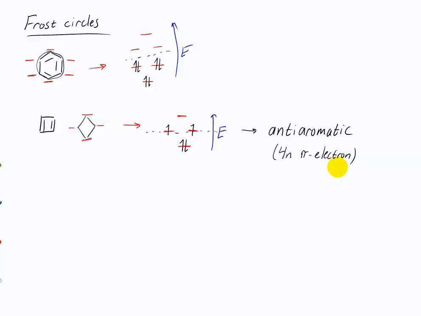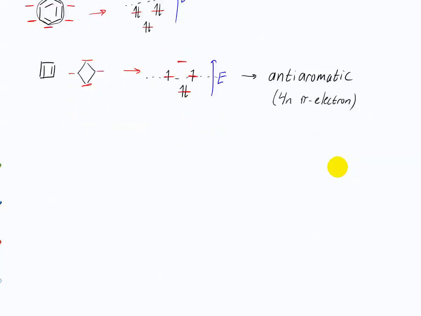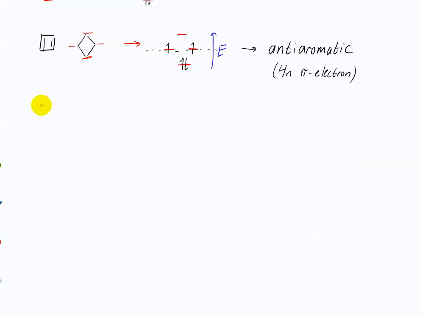Those are especially unstable. All right, so see if you can do this now for cyclooctatetraene, which is an 8-membered ring with 4 double bonds. So put it on its end, and then draw the molecular orbitals and fill them with electrons. And see what you come up with. If you're having trouble drawing the 8-membered ring on its edge, you can draw the orbitals like this.